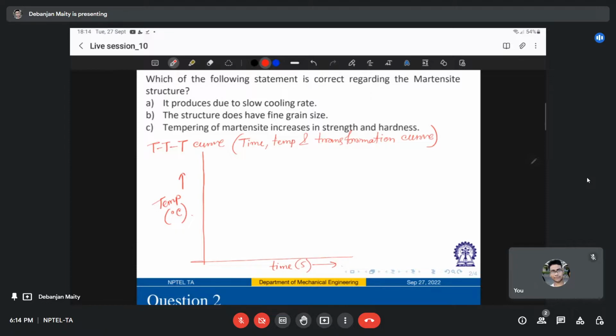let's say you are somewhere at the eutectoid temperature. This is what I am referring to as the eutectoid temperature, where my austenitic phase is stable, and from here your transformation starts, and it will follow something like a C kind of curve.